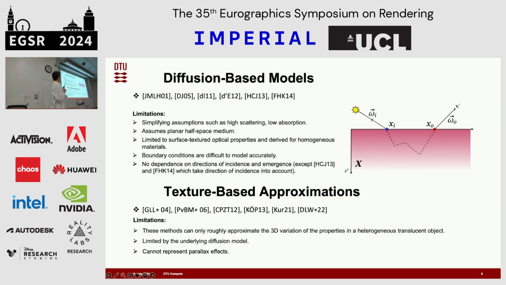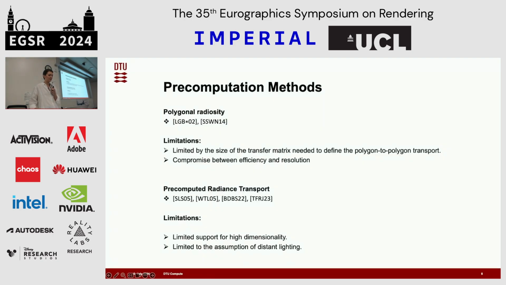Boundary conditions can be difficult to model accurately, and these methods do not approximate heterogeneous materials well, because we assume infinite space. Some texture-based approximations are based on the diffusion approximation, so they are limited just as much, and they cannot represent parallax effects, as will be compared later. That is important for subsurface scattering.